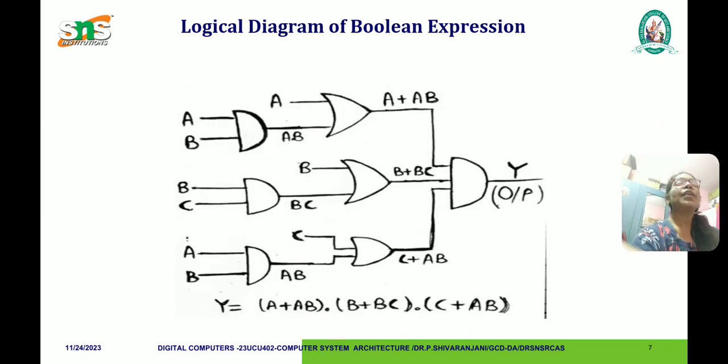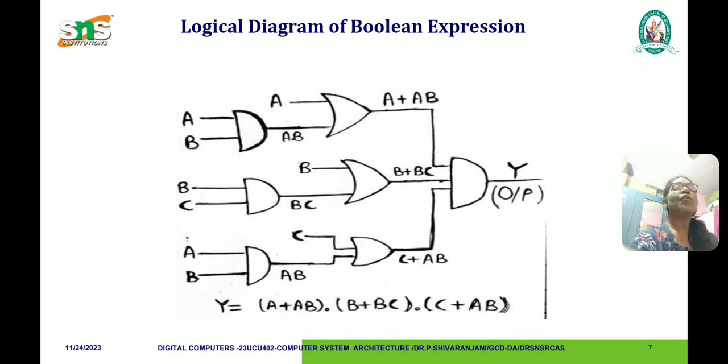Similarly we can draw a logical diagram for a Boolean expression: A plus AB into B plus BC into C plus AB. Here we are taking 3 inputs named A, B and C. First we are adding A plus A dot B, for which we have used an AND gate and an OR gate.